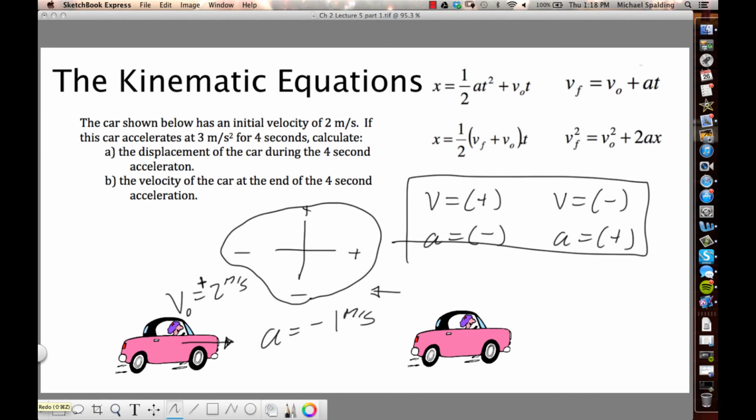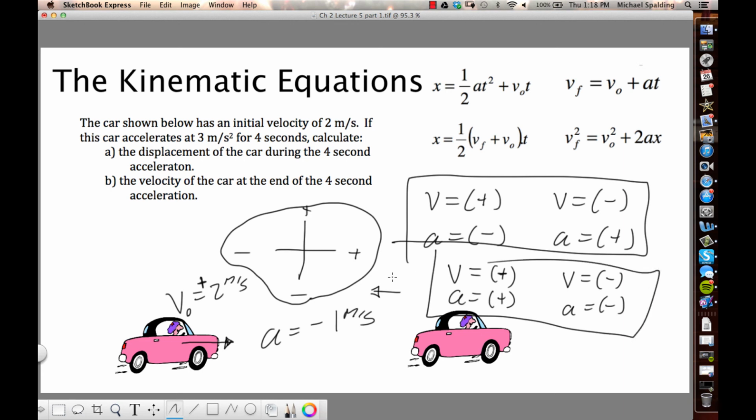You'll probably have to think about this at home, but when velocity and acceleration have opposite signs, the object is slowing down. What if velocity and acceleration have the same sign, either plus and plus or minus and minus? The object's speeding up. It's going faster, faster, faster. Okay? All right.